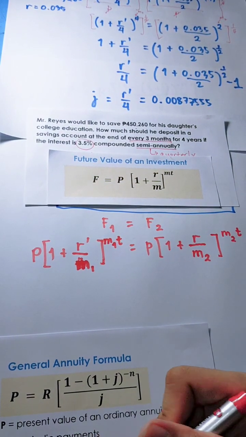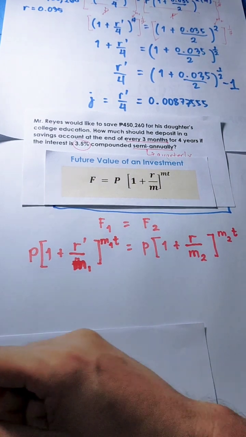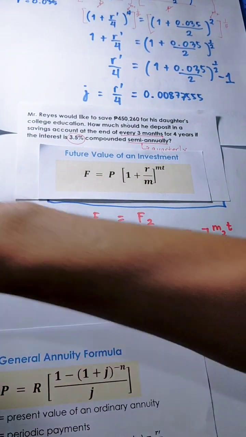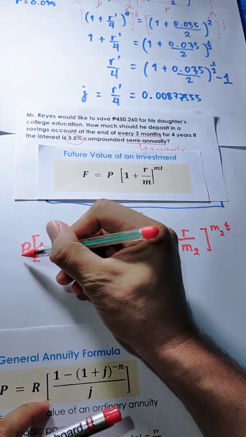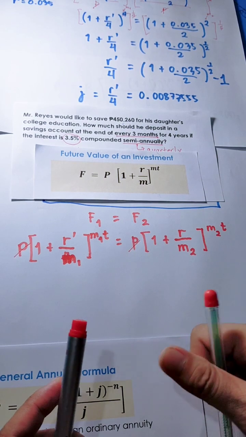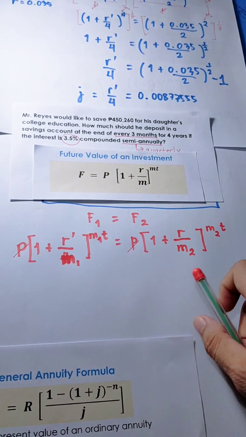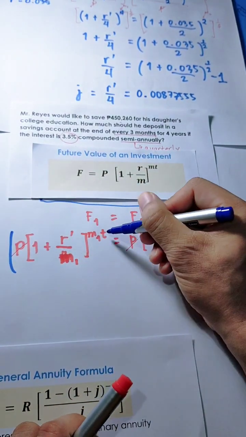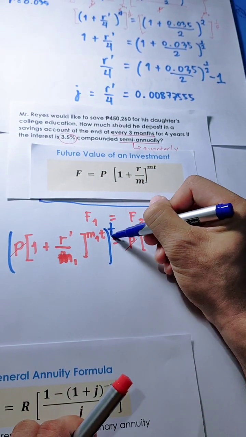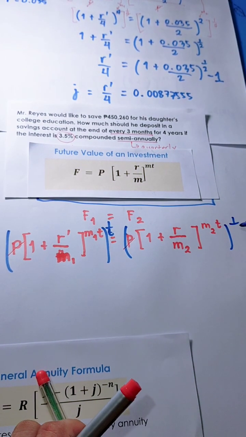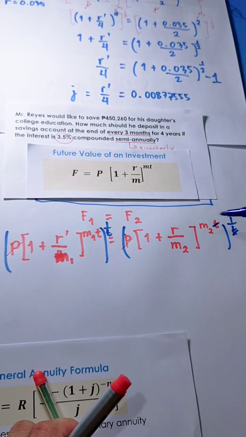All right, now here we can divide both sides by P. If we divide both sides by P, our P will cancel out. And then we can raise both sides to 1 over T. Our T will cancel out.